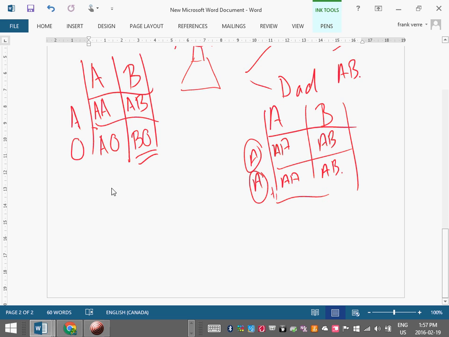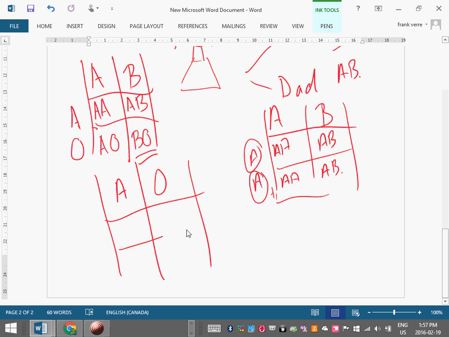Yeah, so let's imagine we had a cross between a person who has blood type A, with someone who has blood type B, but they're heterozygous, so they're AO and BO. So these are your possibilities. This is codominance, AB.